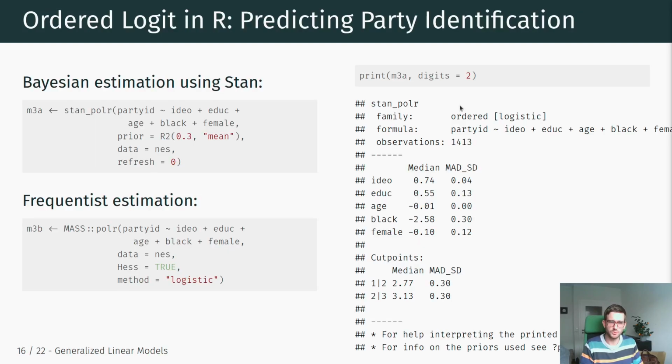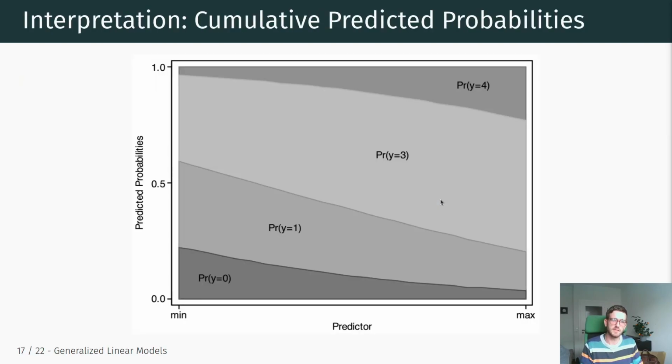So compared to just the pure coefficients, a cumulative predicted probability plot such as this one gives you a better substantive idea of what exactly the effect sizes look like. Okay, and so in our Q&A session, we're going to talk about some examples of creating these cumulative predicted probability plots in order to interpret our ordered logit or ordered probit results.